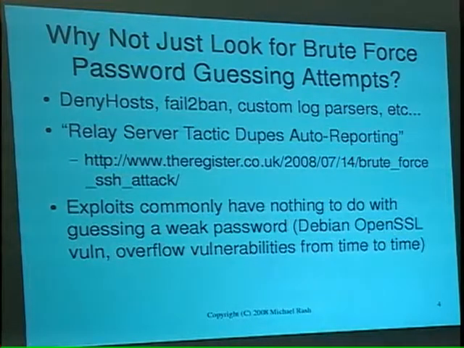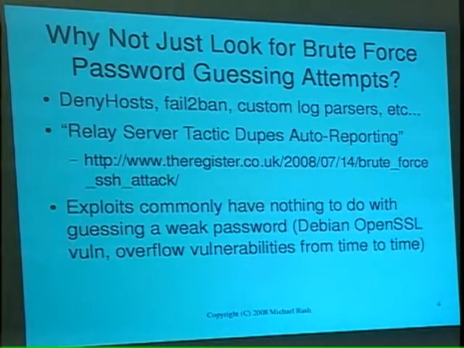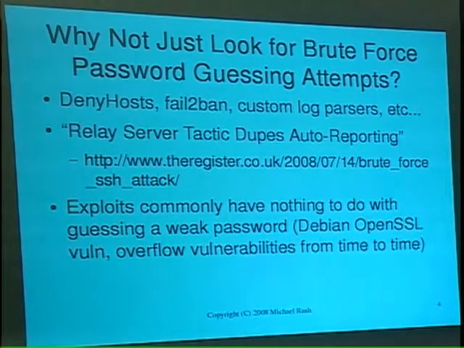So some people rely on software such as DenyHosts and Fail2ban to look for password guessing attempts in their SSH logs, logged via syslog. That's a good strategy, at least for trying to convince you that having a good password is a good idea, but many attacks don't rely on brute forcing a password.